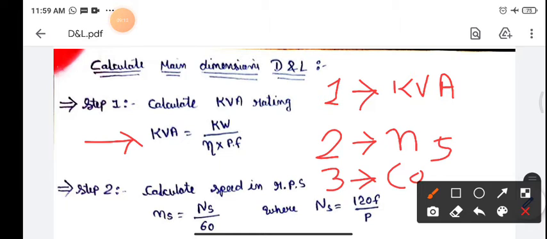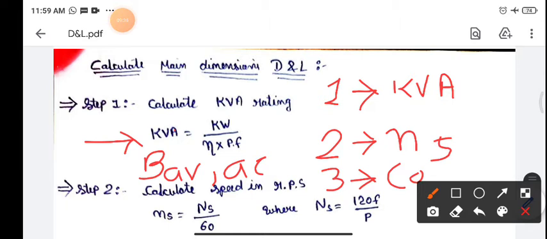Now suppose in a numerical the value of BAV is not given, then we can find it. We have seen the formulas of specific magnetic loading and specific electric loading, so we can find BAV and AC from the provided data. If it is provided, we can directly use it, that is not a problem.